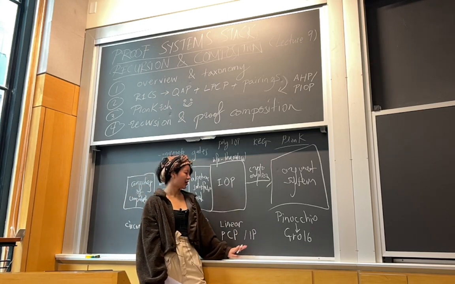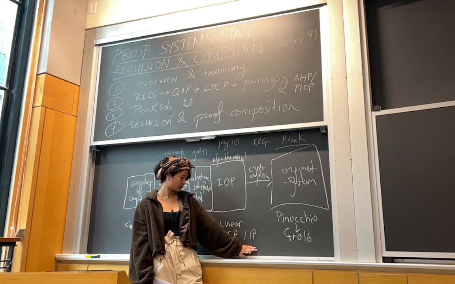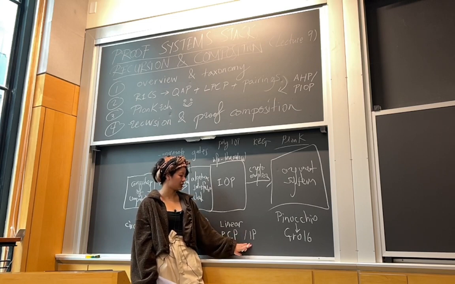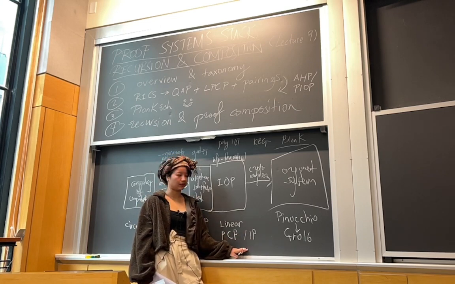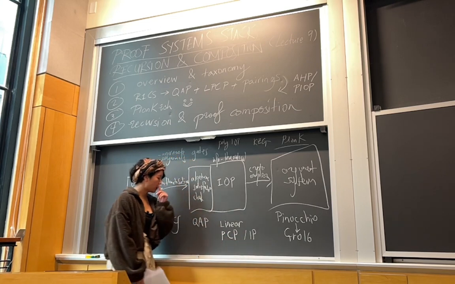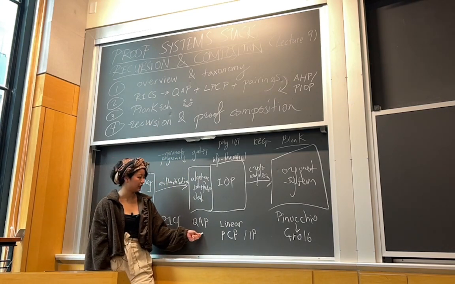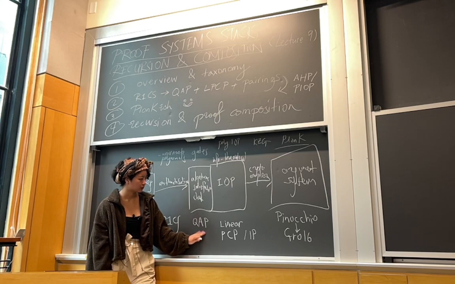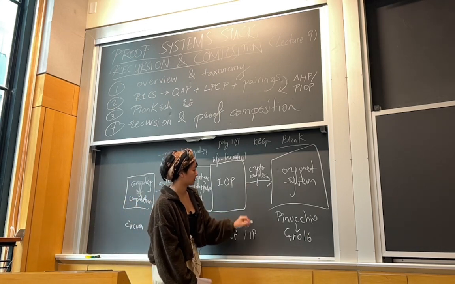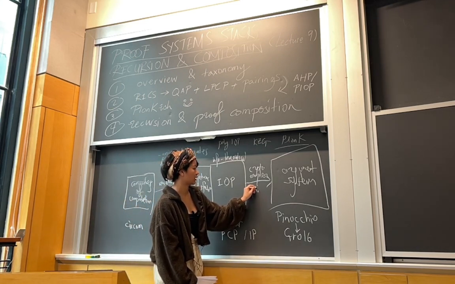PCP is probabilistically checkable proof. It's a mouthful. And IP is interactive proof. So linear IP is just a multi-round linear PCP. But the point is, for the crypto compiler, it uses pairing-based cryptography.